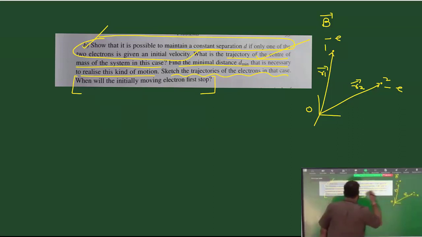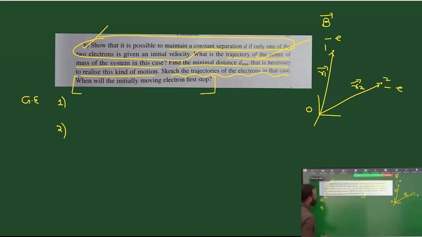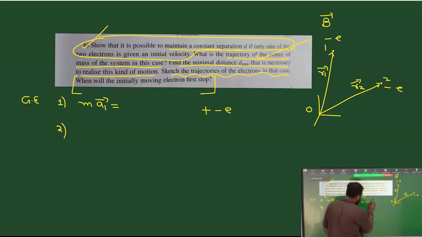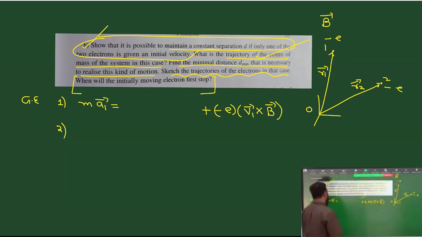So if you want to write the general equation for particle 1 and for particle 2, what will I say? Now I'm using m. So m into a1, mass into acceleration of particle 1, is the electrostatic repulsion between them plus q v cross B. Now remember that q v cross B is minus e times v vector cross B vector, for the first particle, call it v1. And what about the force between them?